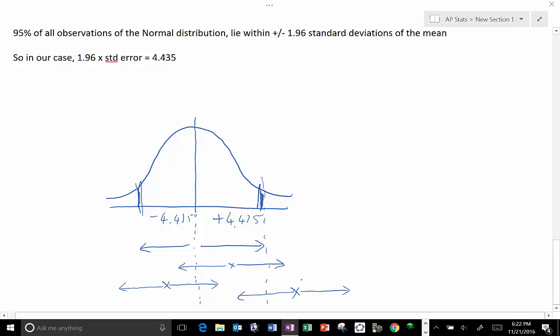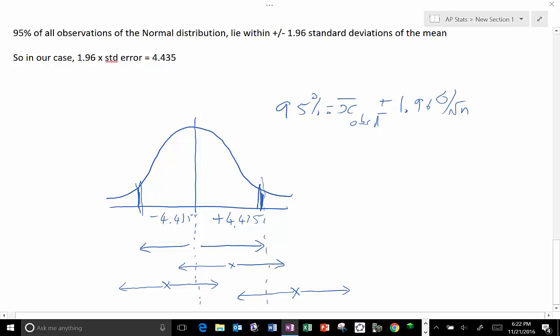So a confidence interval for the true population mean is simply the observed value plus or minus 1.96 standard errors of the mean.